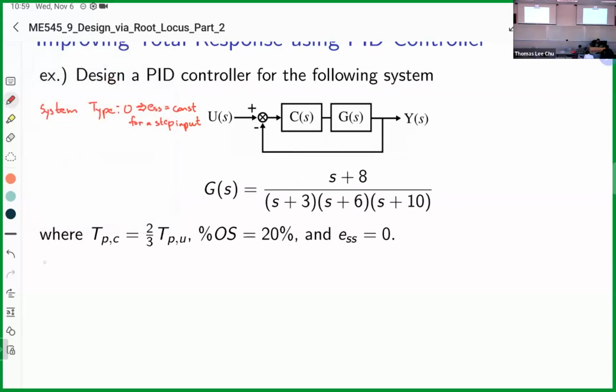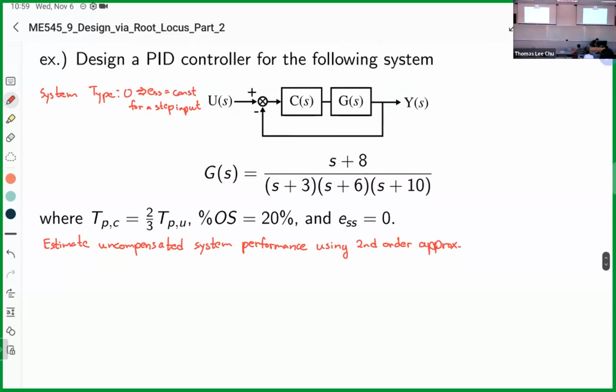So estimate uncompensated system performance using second order approximation.